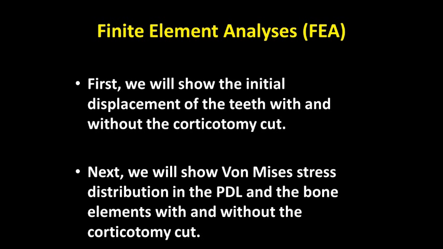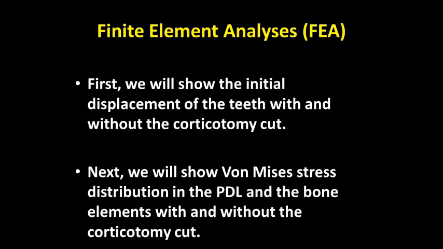Now we're going to discuss something that you perhaps are not familiar with, and that's the FEA. This is the finite element analysis. First, we will show the initial displacement of the teeth with and without the corticotomy cut. Next, we will show the von Mises stress distribution in the PDL and the bone elements with and without the corticotomy cuts.